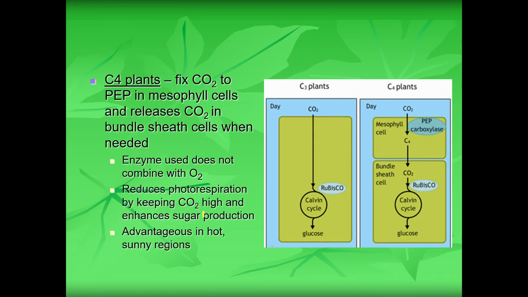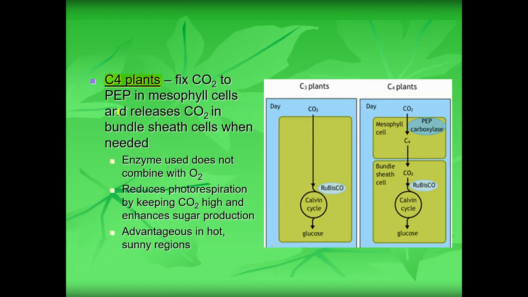Now, the reason we're talking about it is because plants have some adaptations. And some plants, we call them C4 plants, okay? Now, the other plants, the plants that we talked about earlier, are usually considered C5 plants. And that's because the CO2 was fixed to a 5-carbon RUBP.